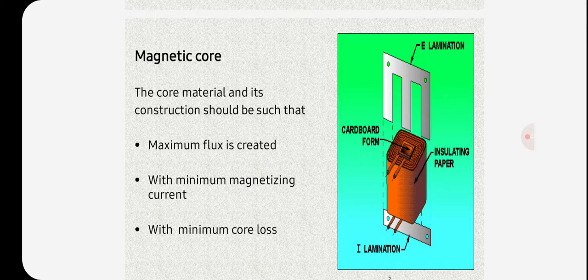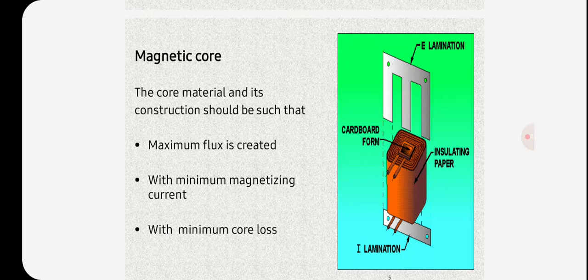The staggering of the butt joints avoids air gaps. So using the butt joint, there is no air gap between stamping and stamping, and therefore the reluctance of the magnetic circuit decreases and the mechanical strength of the core increases.